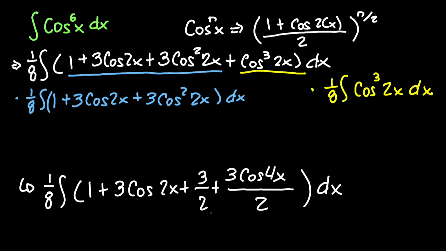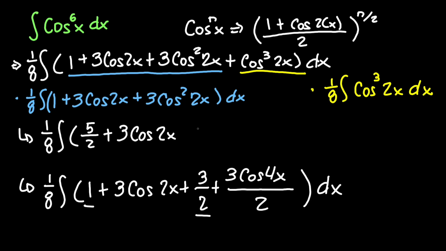And so we can add 3 over 2 and 1. 3 over 2 plus 1 would be equal to 5 halves, plus 3 cosine of 2x plus 3 cosine of 4x over 2 dx.